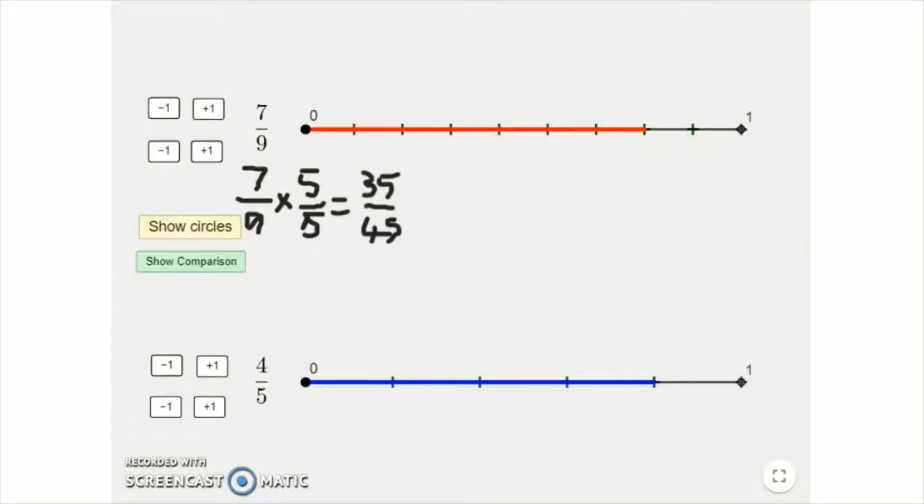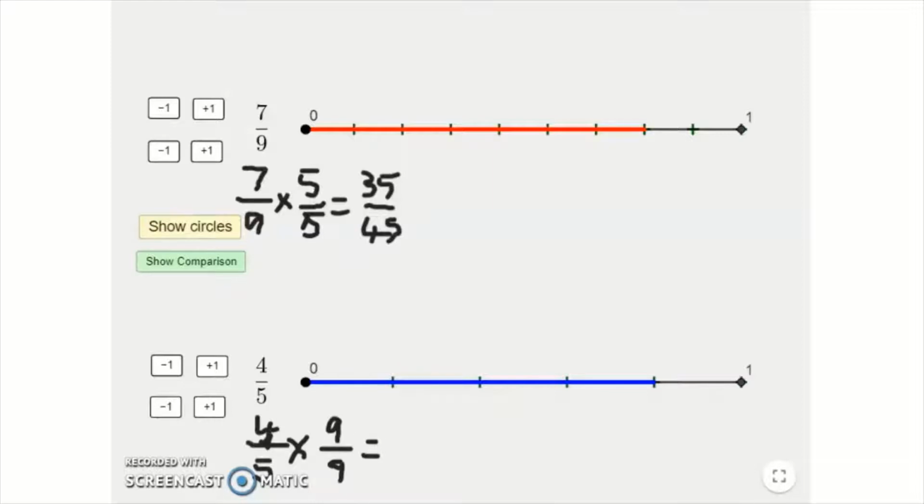And here I need to take my 4/5, and I need to also get 45 on the bottom. So here in the denominator, I multiply top and bottom by 9. Now 9 divided by 9 is just 1, so I am multiplying by 1 here.